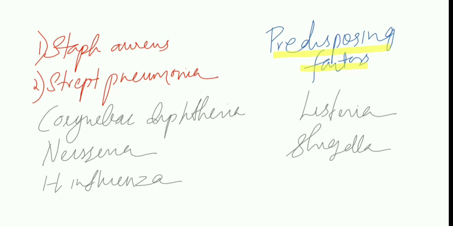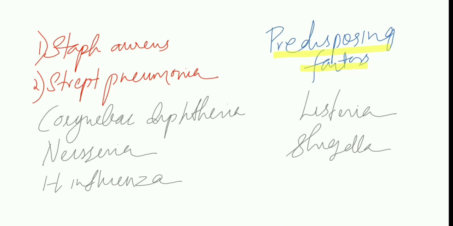What I am trying to say is that mainly these 2 bacteria will cause corneal ulcer when you already have an epithelial erosion, a sloughing off of the epithelium. It can be because of a foreign body or trauma, or because you have slept with the contact lens. These can become the predisposing factors.